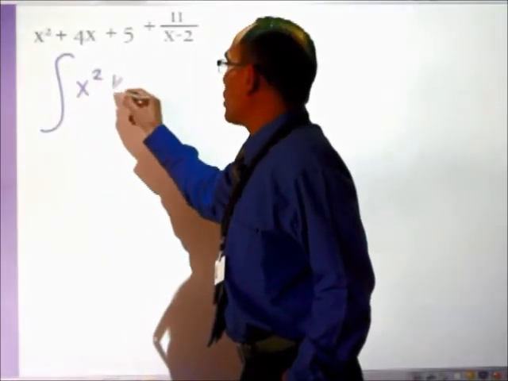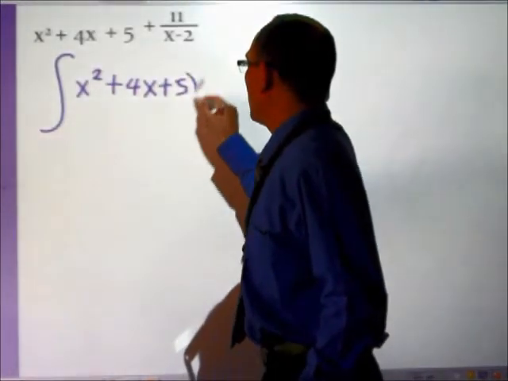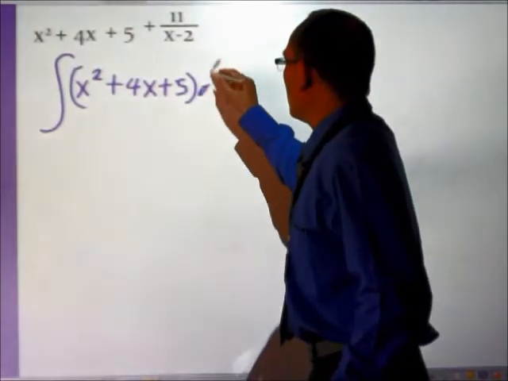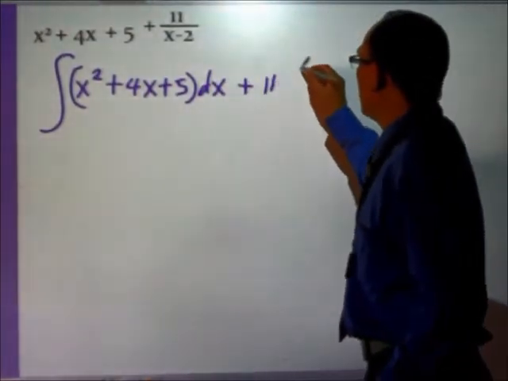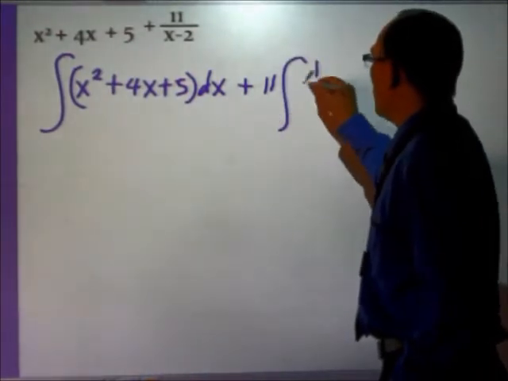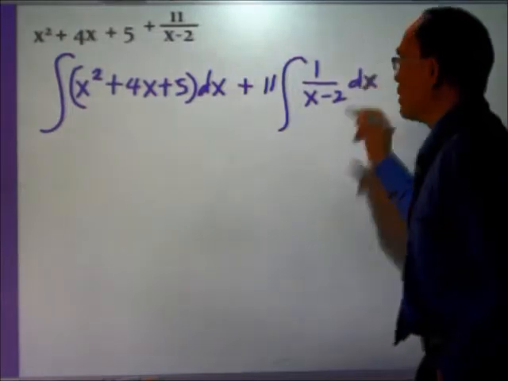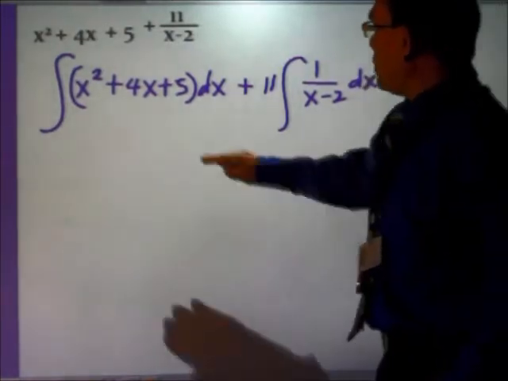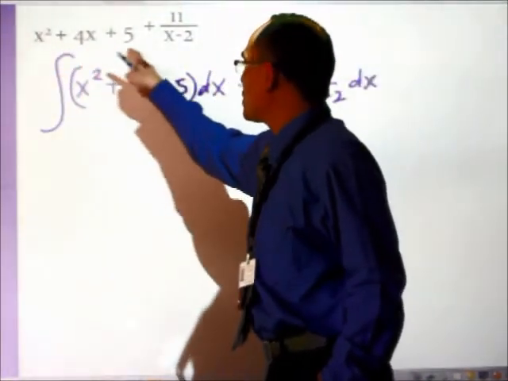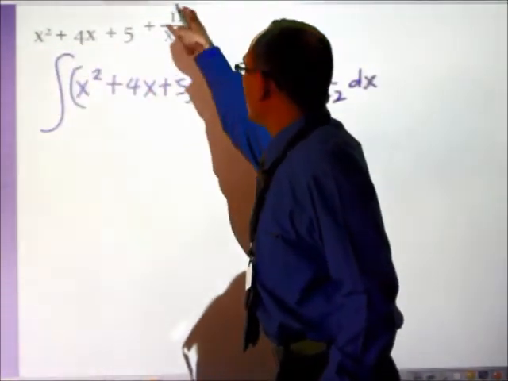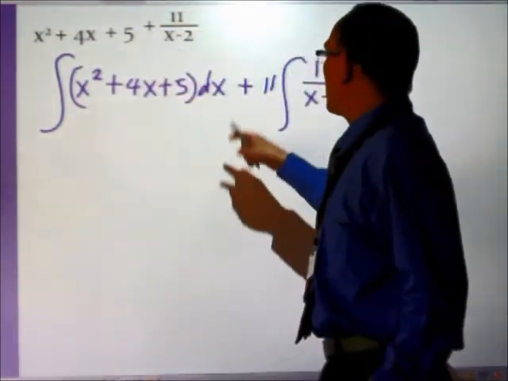So we have the integral of x squared plus 4x plus 5 dx plus 11 times the integral of 1 over x minus 2 dx. I break it up into two pieces because I see that this is just a plain polynomial and this is another rational expression.